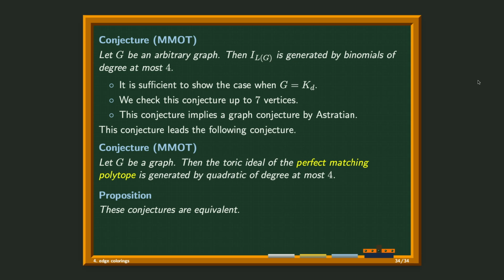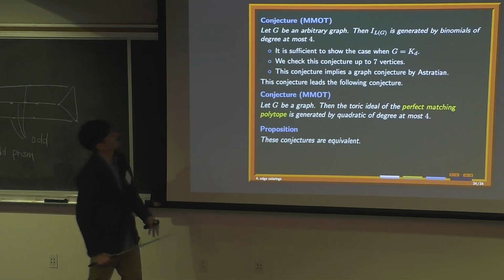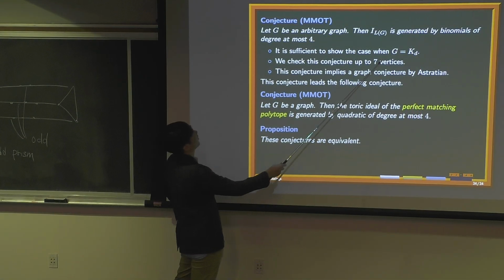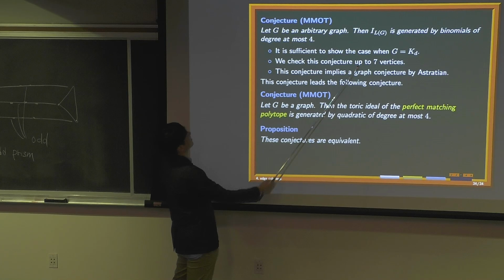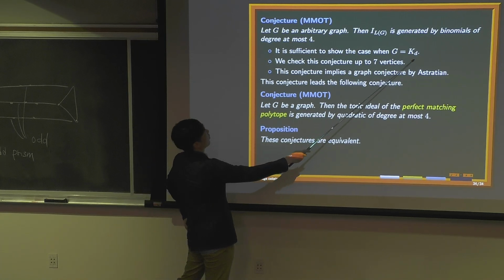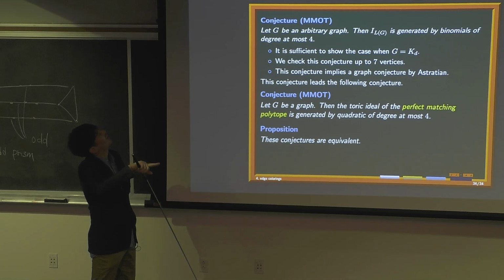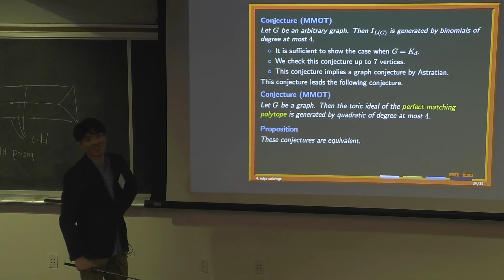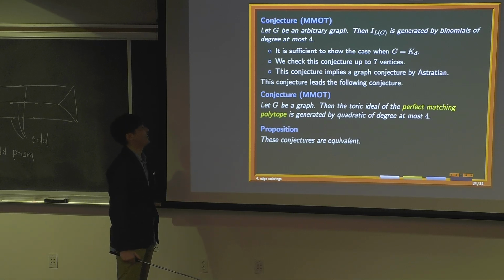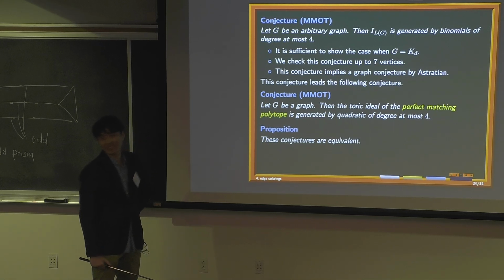We checked this conjecture up to 7 vertices. I remember for the 7-vertex case, we computed the complete graph on 7 vertices. Then the stable set ideal has 200,000 generators, so I needed 3 days for computing.